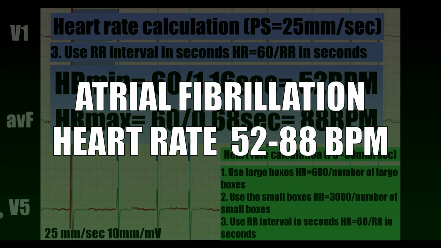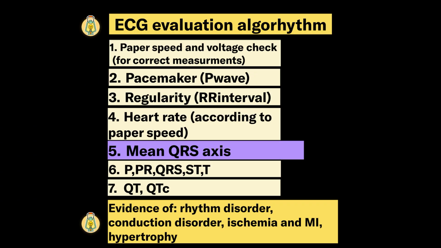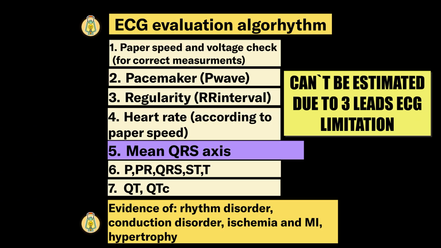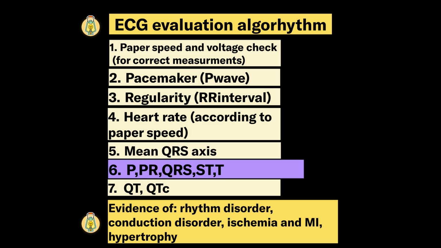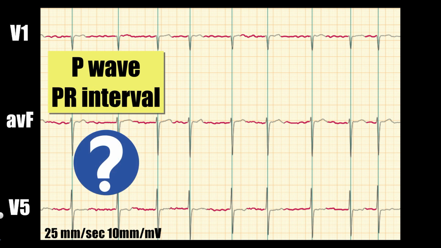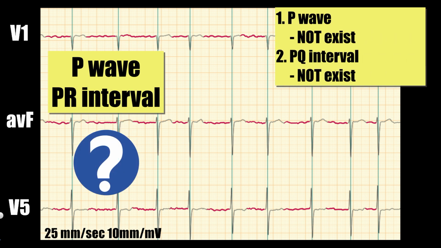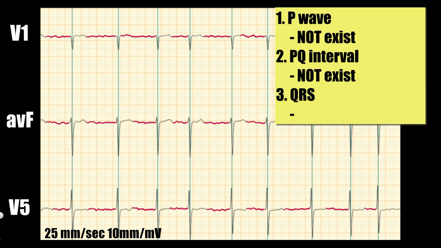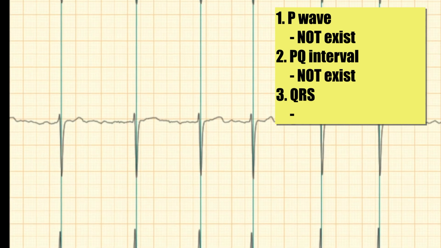The next step should be mean QRS axis calculation, but due to the limitation of 3-lead ECG, we can't do this. So the next step is measurements of P, PR, QRS, ST and T wave. Both P wave and PR interval do not exist due to the atrial fibrillation, so we start from the QRS complex.